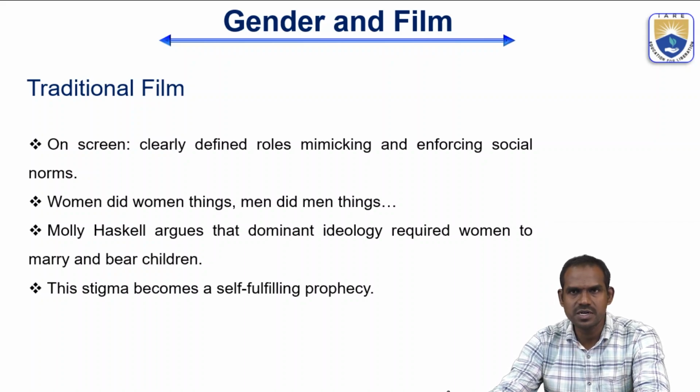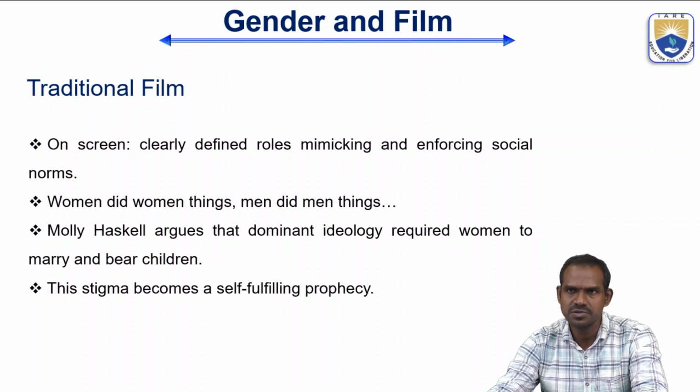So this stigma becomes a self-fulfilling prophecy. Men are always active and they need not carry or bear children, so they will be acting throughout. Whereas women after marriage have to bear children, so they need to take a break.